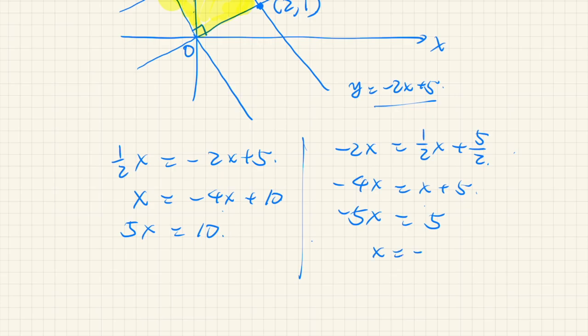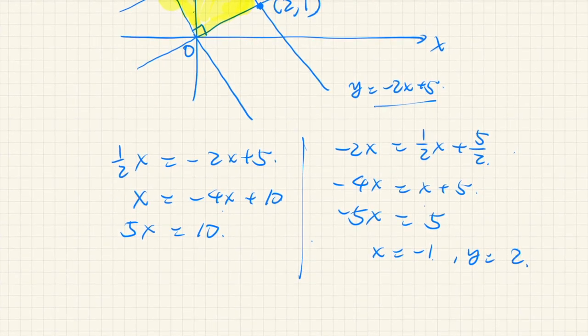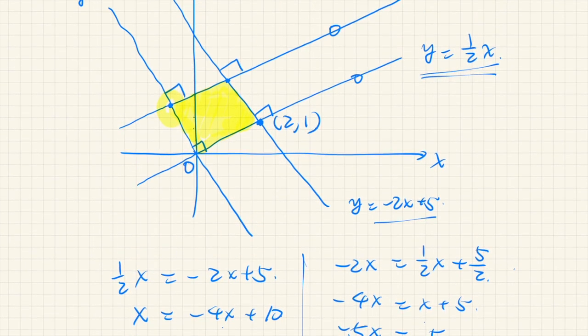So x is negative 1 and y is negative 2 times negative 1, which is 2. So this point is negative 1 and 2.